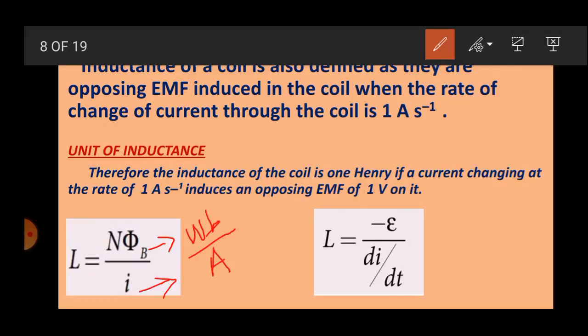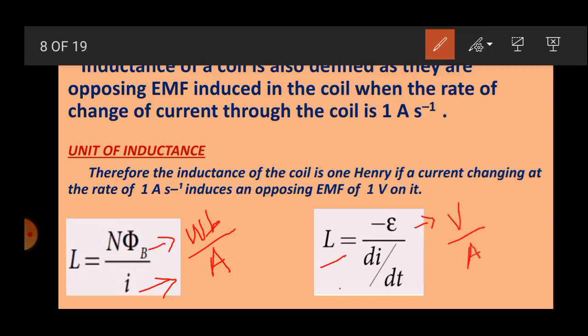And let us calculate in another unit. This is also the same formula. Self-inductance of the coil, L is equal to minus E, where E is nothing but the induced EMF, divided by di by dt. Now tell me, what is the unit of EMF? That is nothing but volt. Divided by, what is the unit of current?